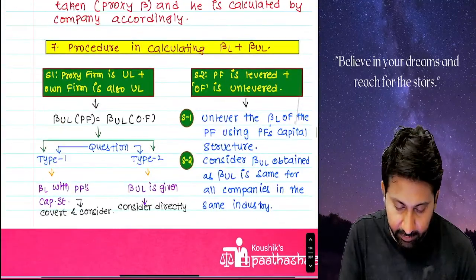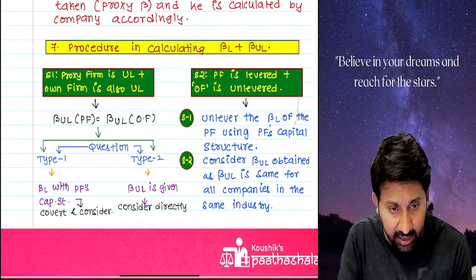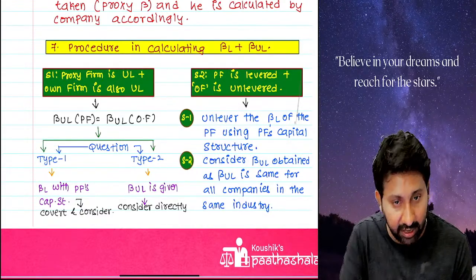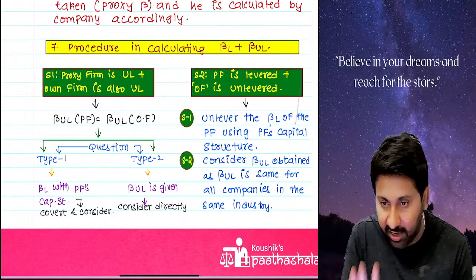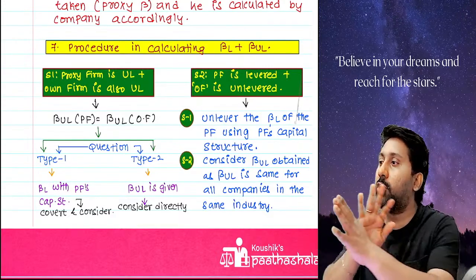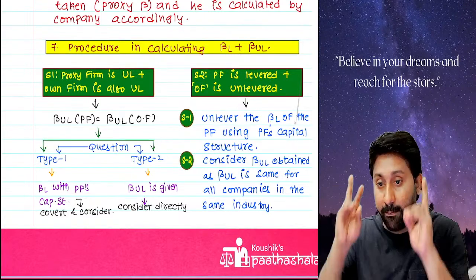I will repeat. Proxy firm unlevered, own firm unlevered. Both don't have debt, so both don't have finance risk. Both have operating risk.